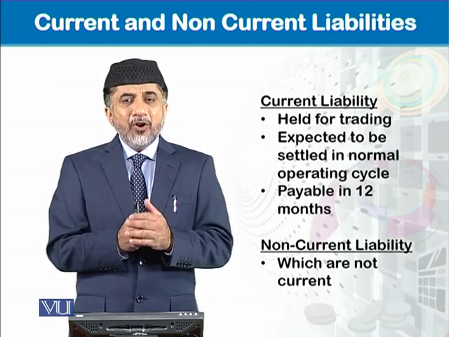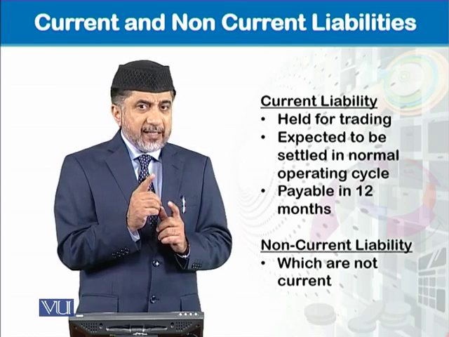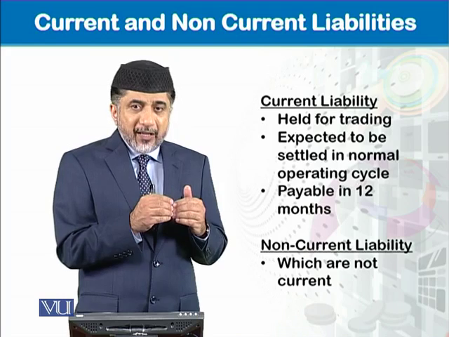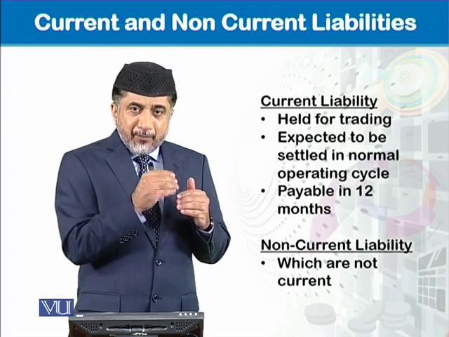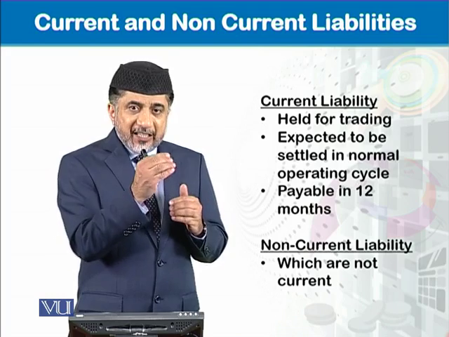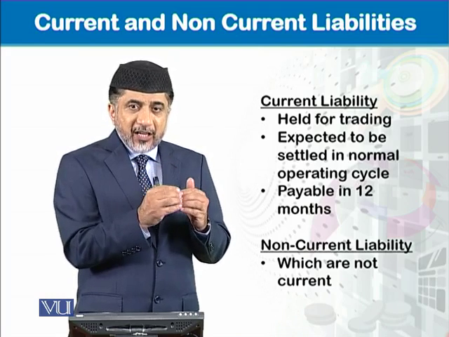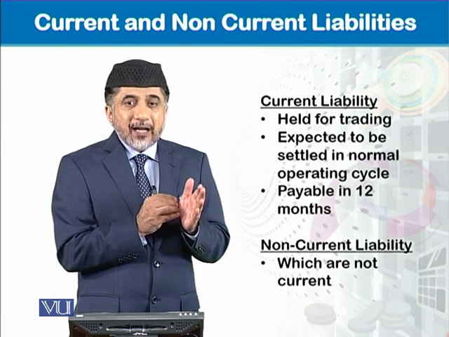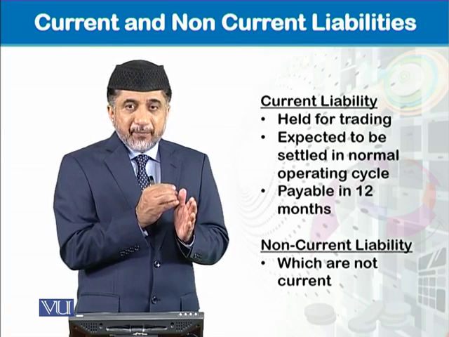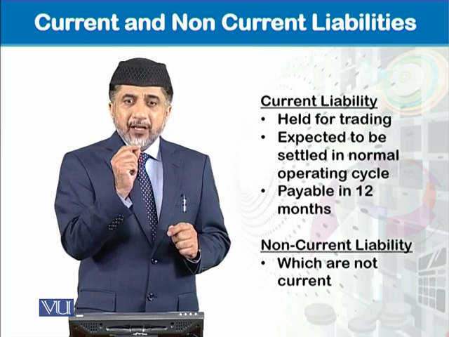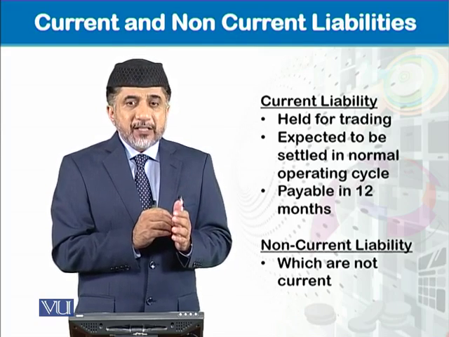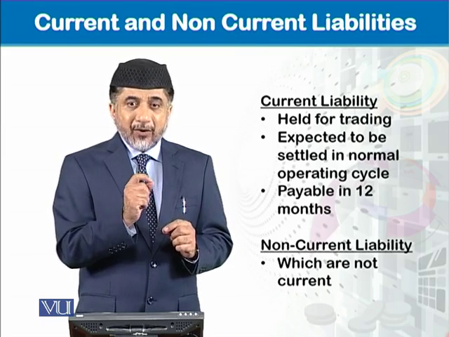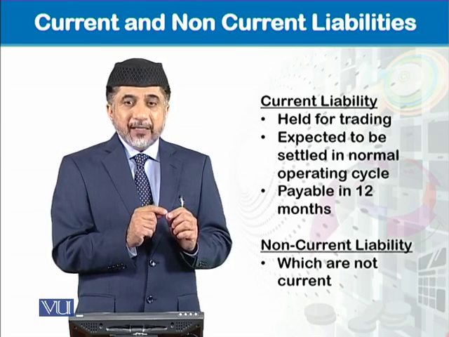When we say normal operating cycle, it covers the process of generating cash, starting from the day when we started our operations. For a simple concept, keep this in your mind: when we place an order for buying raw material, we start our operating cycle.